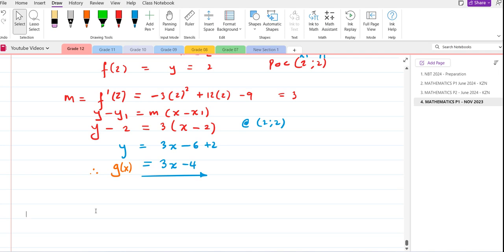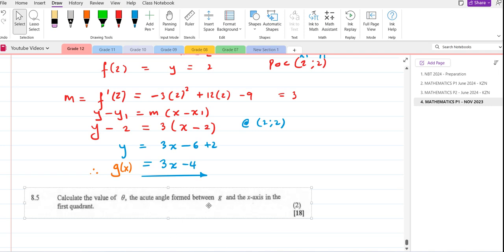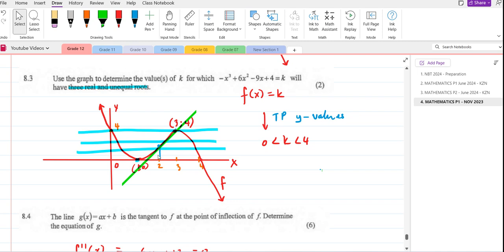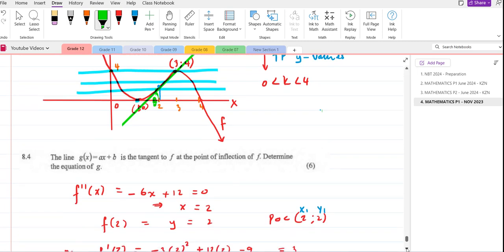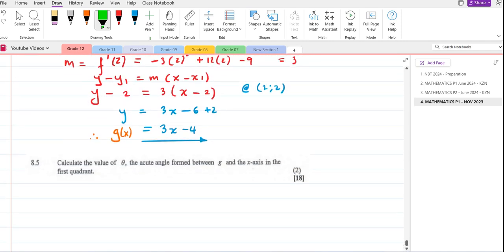Calculate the value of theta, the acute angle formed between G and the x-axis in the first quadrant. What is this? Tan theta equals m. So there's an angle theta you want to find between the line and the x-axis. So this is more like an inclination angle. So you're going to write tan theta equals m. What's m? 3.